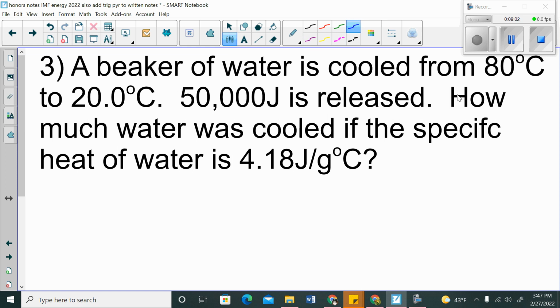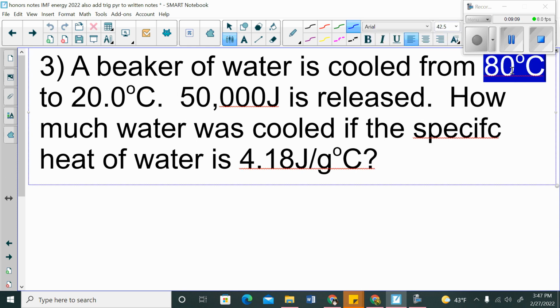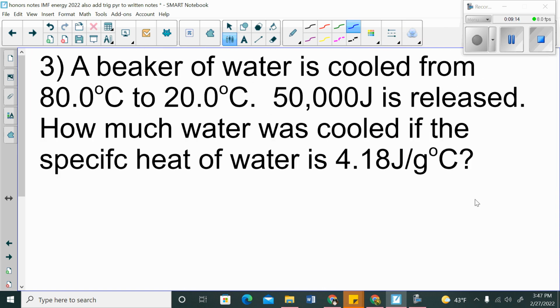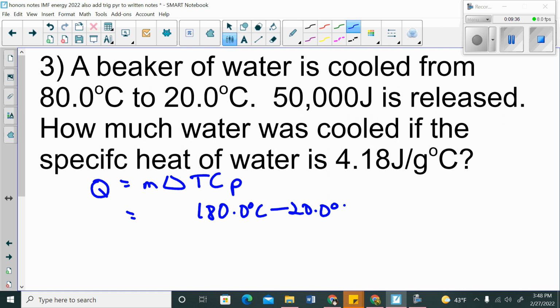All right, a beaker of water is cooled from 80.0 degrees to 20.0 degrees Celsius, and this is to help with sig figs. 50,000 joules is released. How much water was cooled, if the specific heat of water is 4.18 joule per gram degrees Celsius? All right, let's look at what we have here. A beaker of water cooled from 80 degrees to 20 degrees.